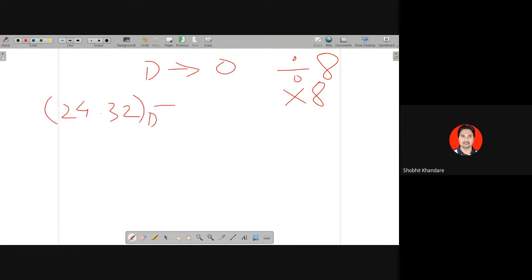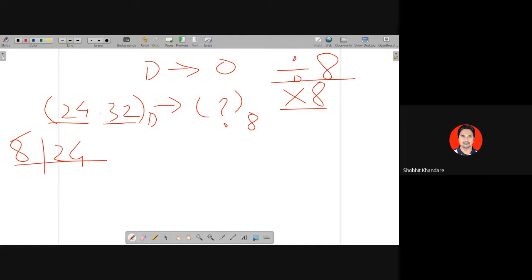I have to know what is the octal, that is 8. Now divide by 8 is applicable for integer part. Multiply by 8 is applicable for fractional part. So we will do first the integer part. Tell me 24 divided by 8.